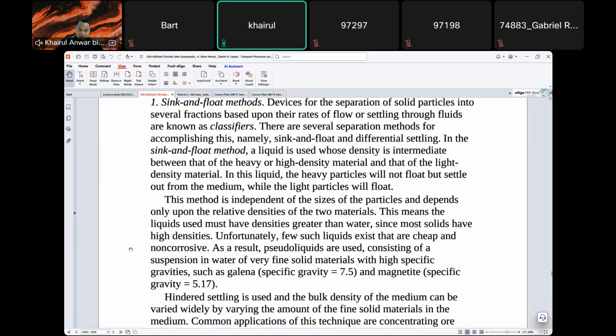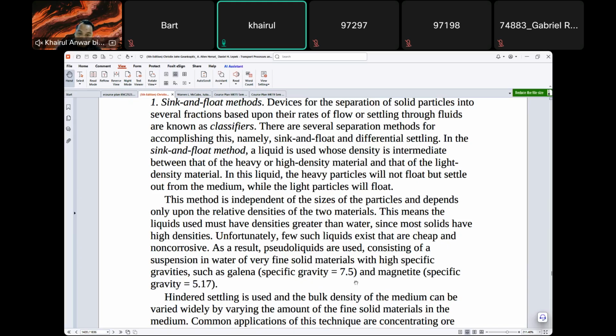This means the liquid used must have a density greater than water, since most solids have high density. Unfortunately, few such liquids exist that are cheap and non-corrosive. As a result, pseudo-liquids are used, consisting of a suspension in water of a very fine solid material with high specific gravity, such as galena and magnetite.